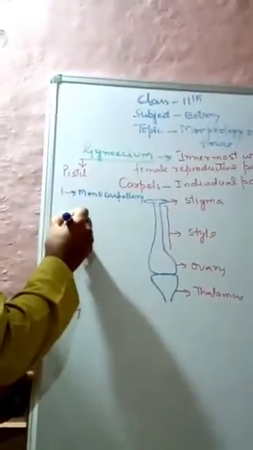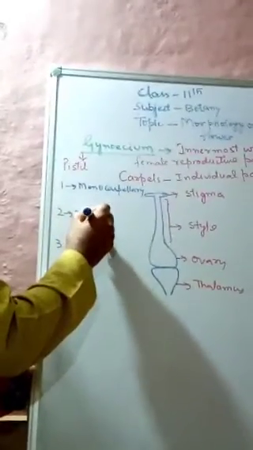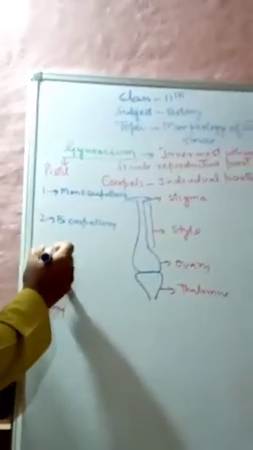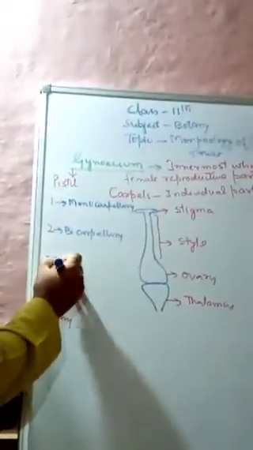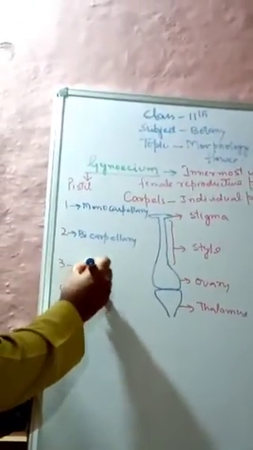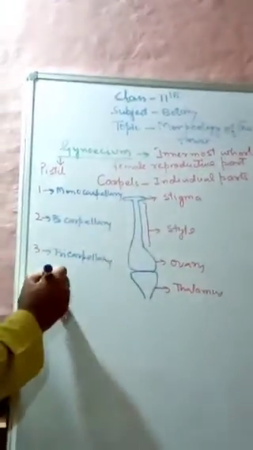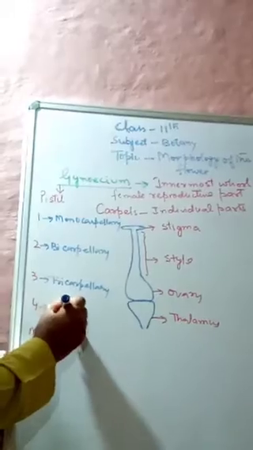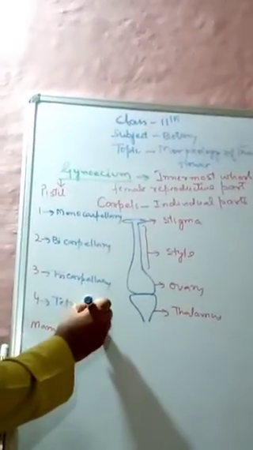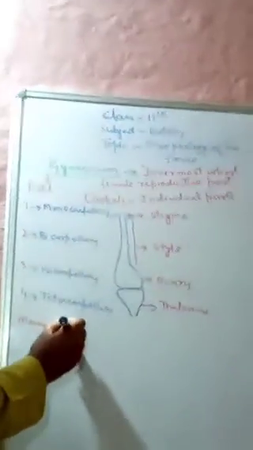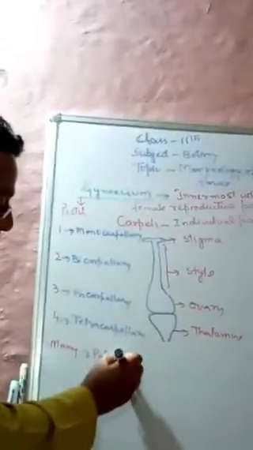If there are two, bicarpellary. If there are three, tricarpellary. If four, tetracarpellary. And if many, we simply write polycarpellary.